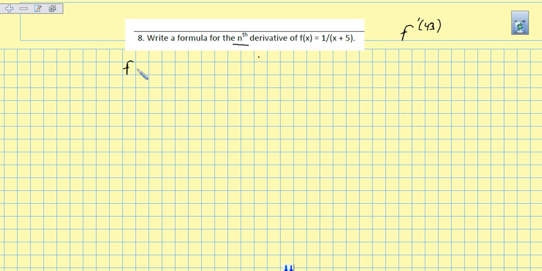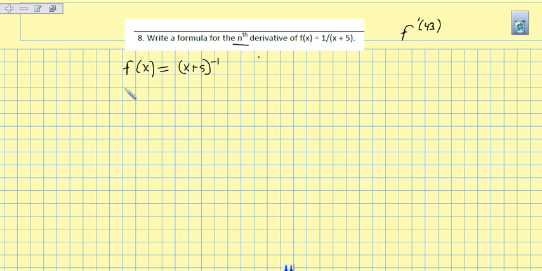So first thing I want to do is rewrite the original function. Well, x plus 5 is in the denominator, so I can bring it up to the top by making it to the -1 power. And so if I do that, maybe taking the derivative will be a little bit easier.